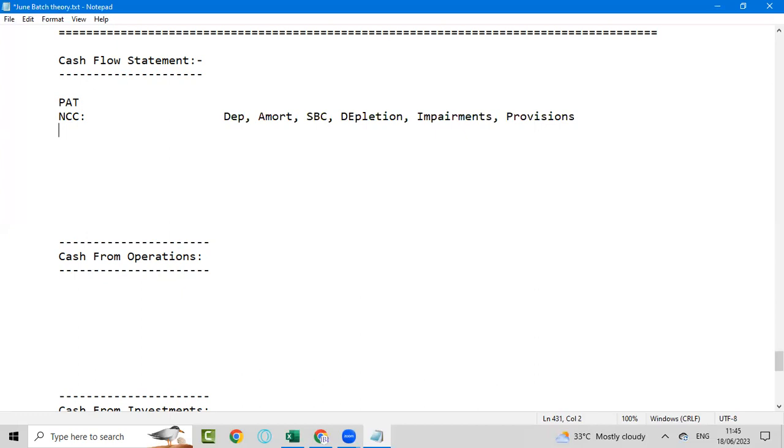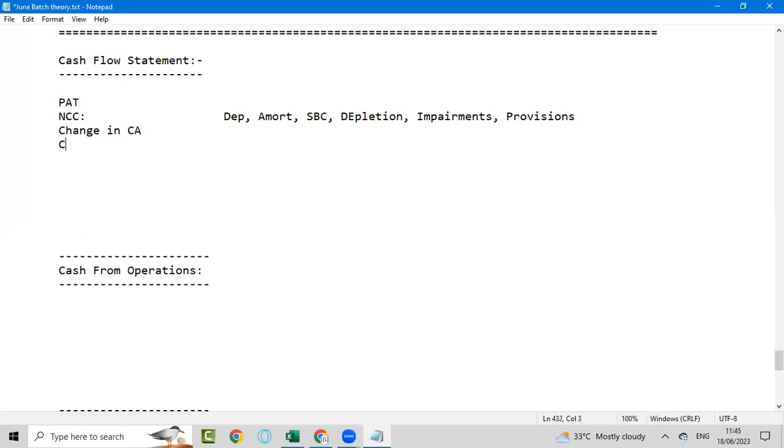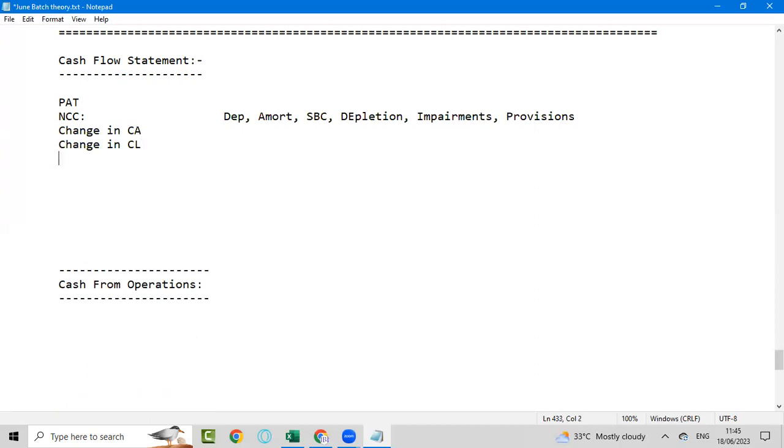And then after that, we have change in current assets, change in current liability, and then there are several adjustments. Adjustments like interest expense. We will have to add it.